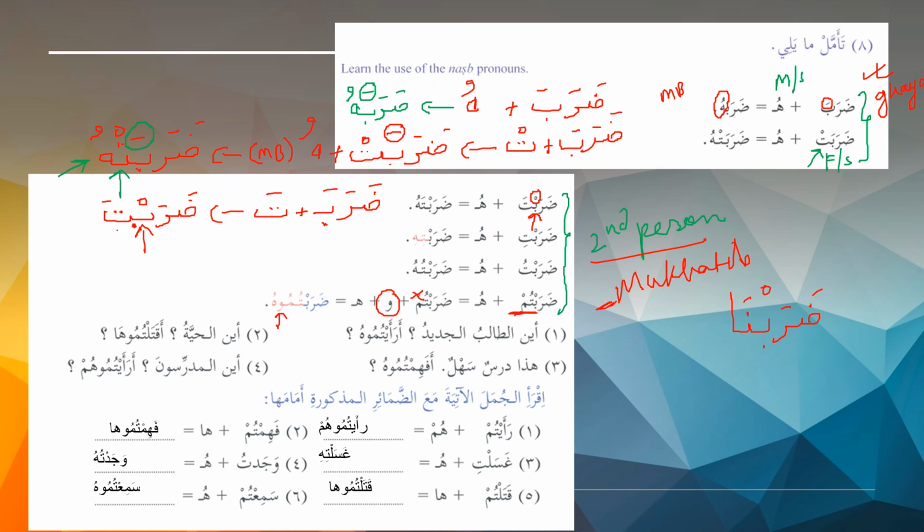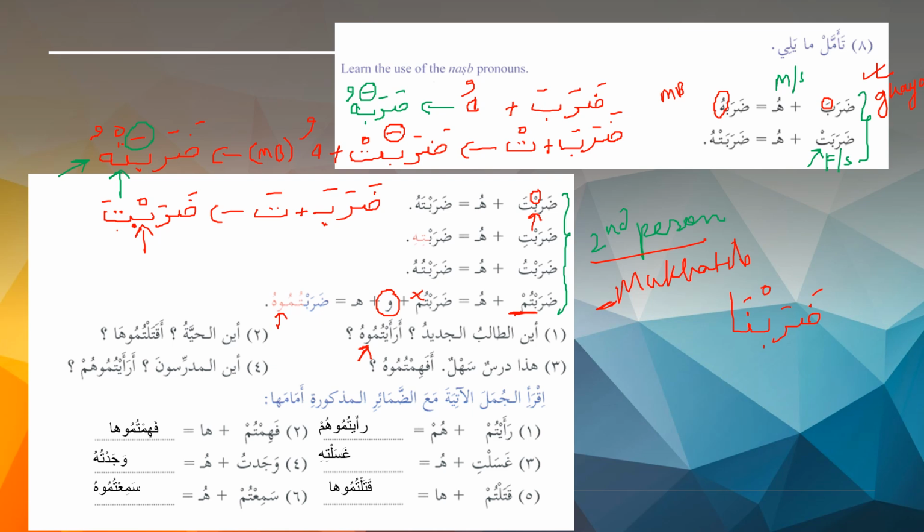أين الطالب الجديد؟ أرأيتموه. So you can see the sukoon has been removed from the meem. A dhamma has been given because waw comes in. And as you know, if the letter waw follows, the letter before it should have a corresponding haraka. So waw goes along with the dhamma. أرأيتموه. أين الحية؟ قتلتموها.